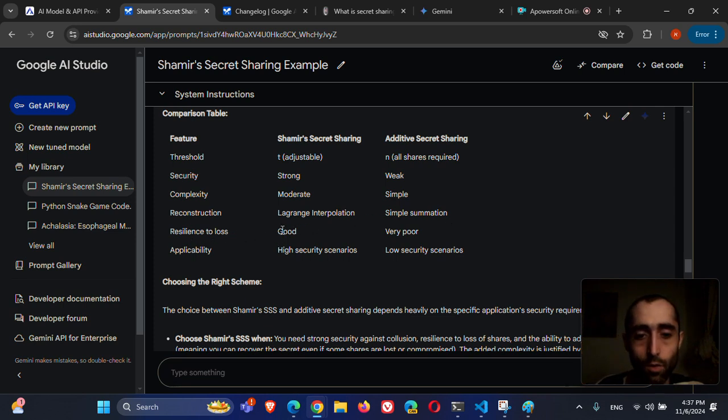We have resilience to loss, which is good, in Shamir. He can create more shares than he needs, so if someone gets lost, he can get away if he still has enough shares to reconstruct the polynomial. Again, you need the threshold number, which, remember, is the number you need to reconstruct the polynomial: you need degree plus 1 points on the polynomial.